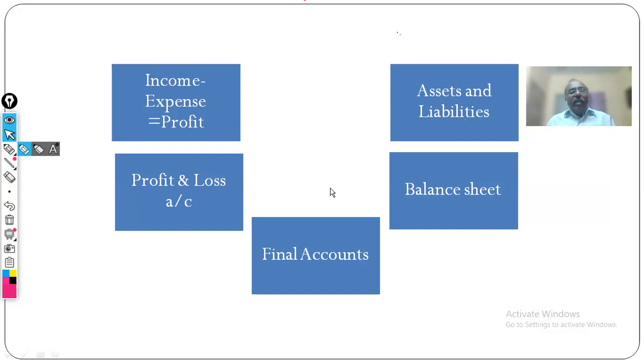So, whatever happened during the year, find out income and expenses and subtract expenses from income, we will get profit or loss. So that is called as profit and loss account. Then whatever is left out, it could be asset or it could be repayable, that is liability. So it is taken down in a separate sheet called as balance sheet. So when the assets and liabilities are equal, then balance sheet is tallied. With this, our final accounts come to an end.